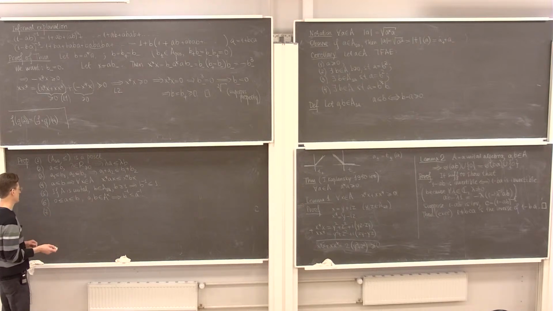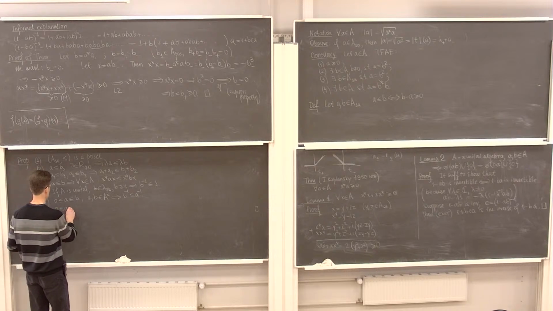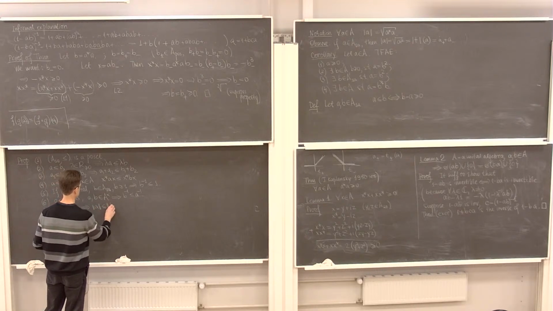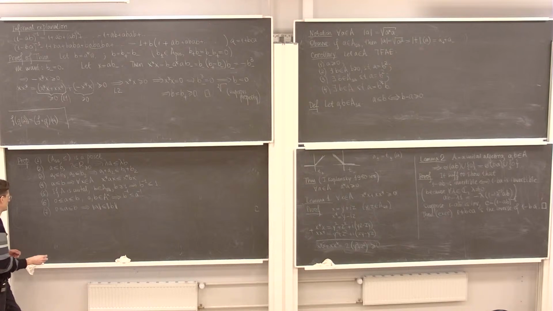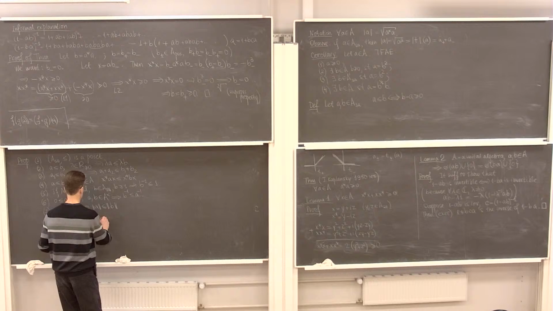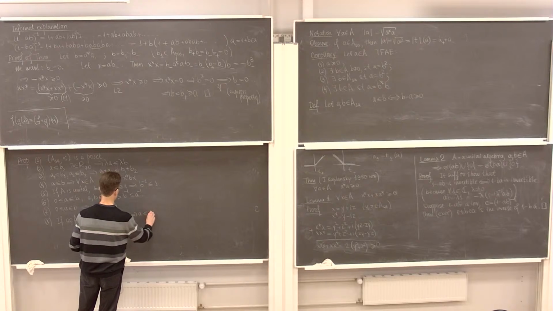Property 7 tells us that the norm is a monotone function on positive elements. If A and B are positive and A is less than or equal to B, then the norm of A is less than or equal to the norm of B. And another useful property, property 8: if A is a positive element, then the norm of A is less than or equal to 1 if and only if A itself is less than or equal to 1.